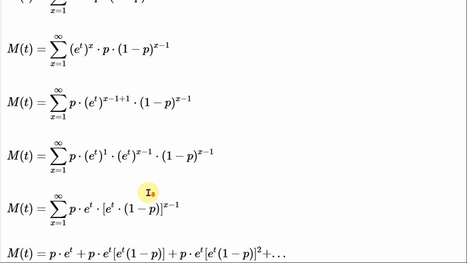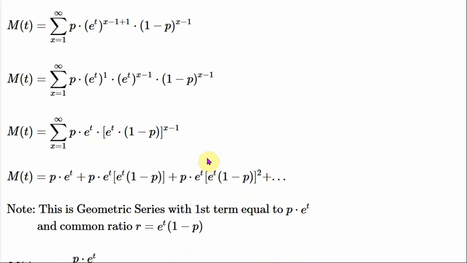And then we're doing it like this so we can combine these two terms right here, because they both have the same exponent of x minus 1. So this becomes p times e to the t, and then times e to the t, 1 minus p, and the whole thing to the x minus 1.